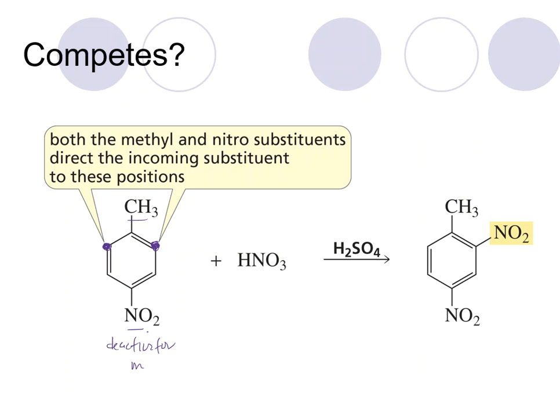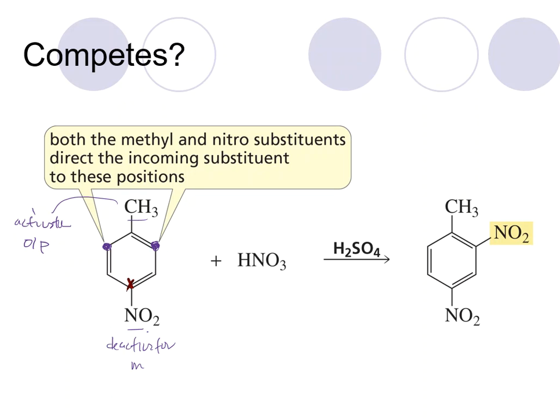Now let's take a look at the methyl group. This methyl group is an activator, and that activator is an ortho and para director. All right, well, if it goes para, no. Here we go. There's already something at para. Can't direct anything there.